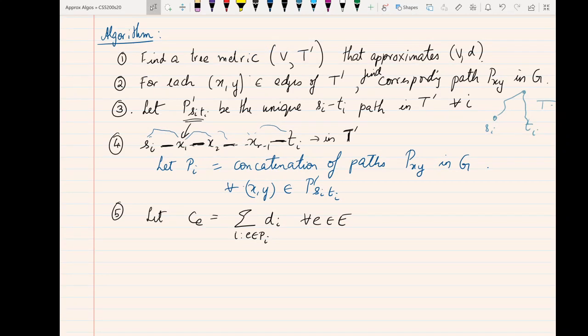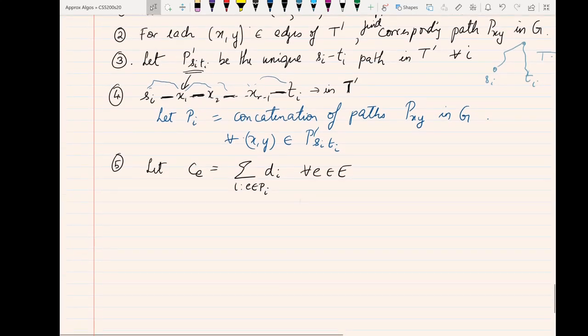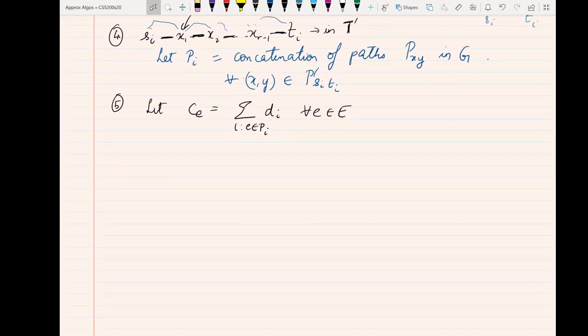So how do we go about analyzing this algorithm? The key point to keep in mind is that there are two different worlds. One that we are interested in, which is the graph, and the other that we are working on, which is the tree. Both happen to be metric spaces. Here's my graph G, on which I have what the algorithm outputs and what is the optimal.